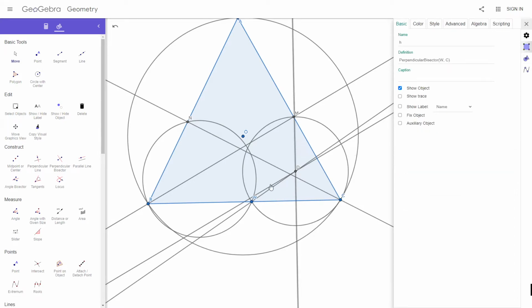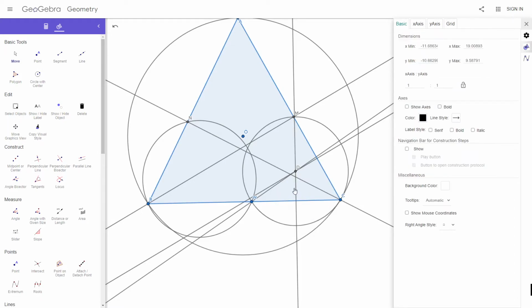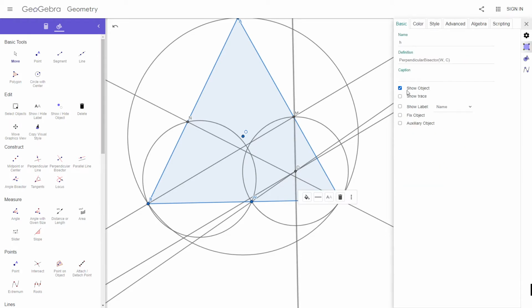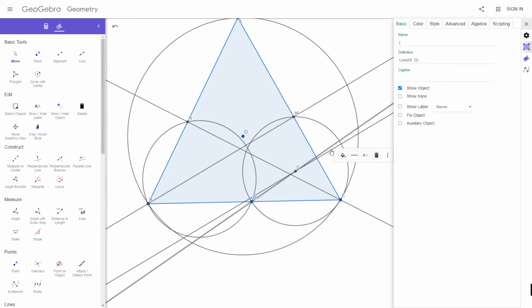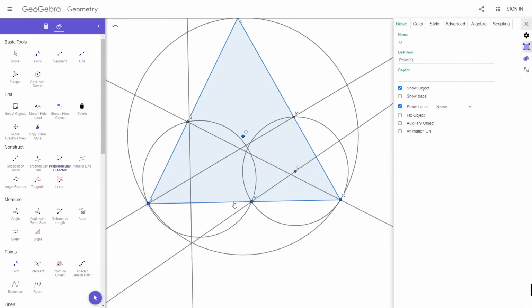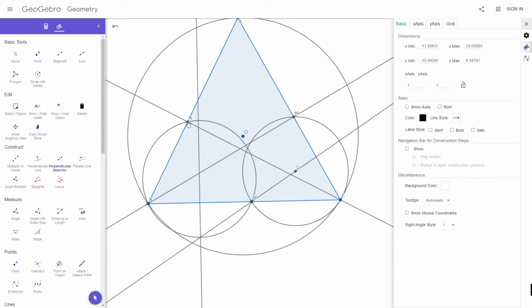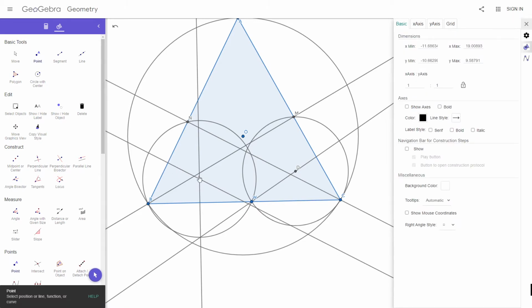Then let's hide this one, and let us hide this one. And then we do the same thing for the other side. There's this one and this one, so we have a point there.